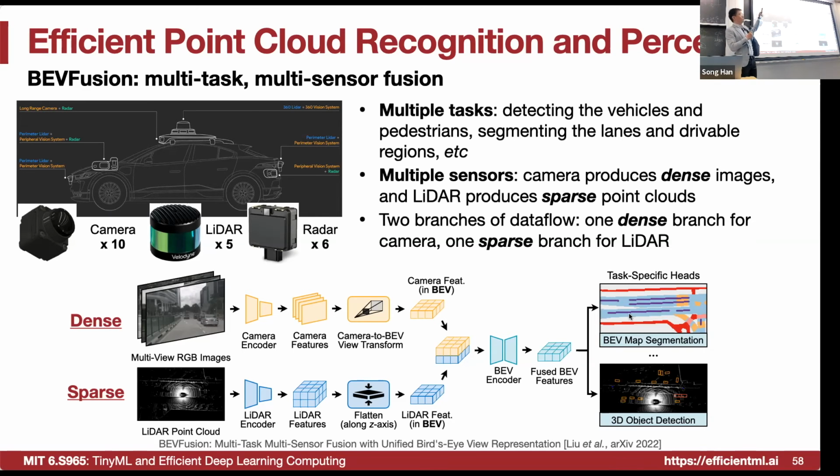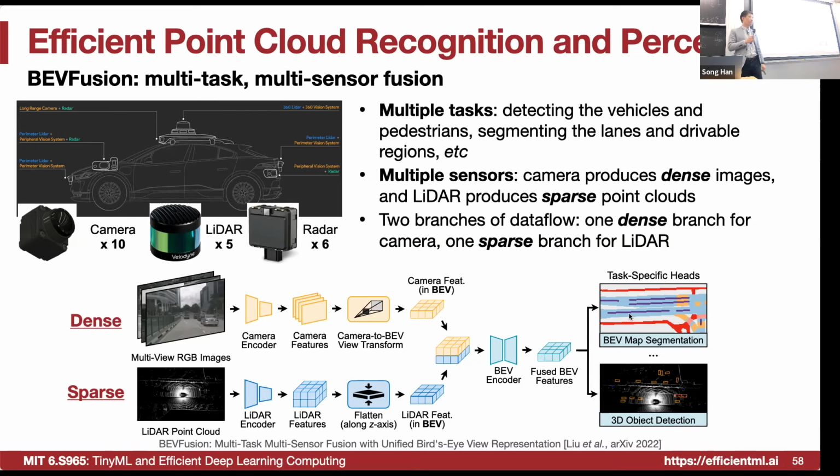So actually, we propose this method called BEV fusion that fuses multiple sensors to perform multiple tasks in the bird's eye view. Right? So we have a dense image branch and also a sparse point branch. We do feature extraction on both of them, and then we project them to the bird's eye view, assuming there's not a vehicle on top of another vehicle, and then we fuse them in the bird's eye view.